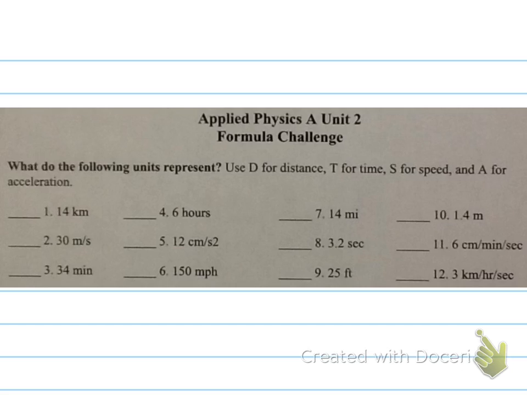First one. What do the following units represent? Use D for distance, T for time, S for speed, or A for acceleration. And the key to this really is looking at our units.